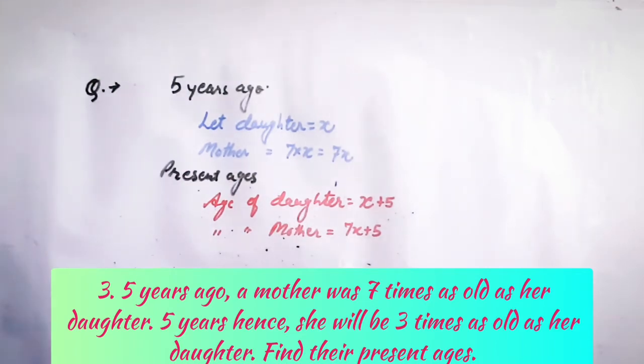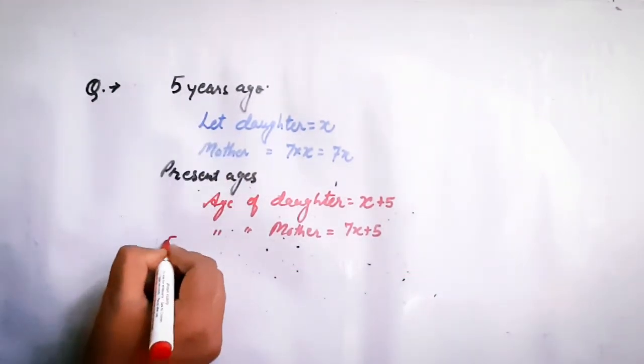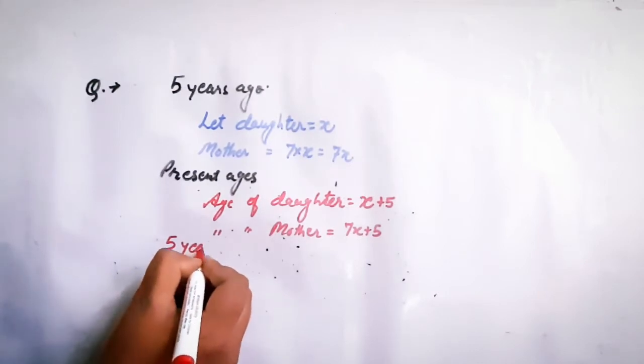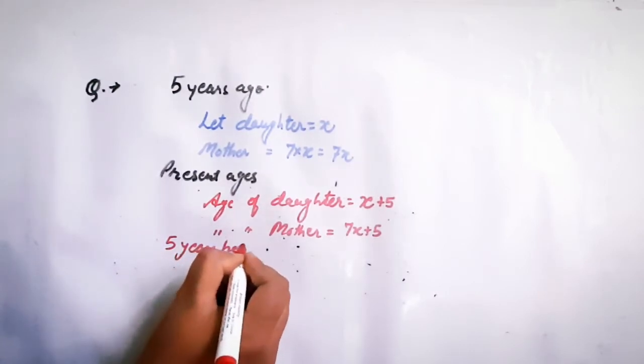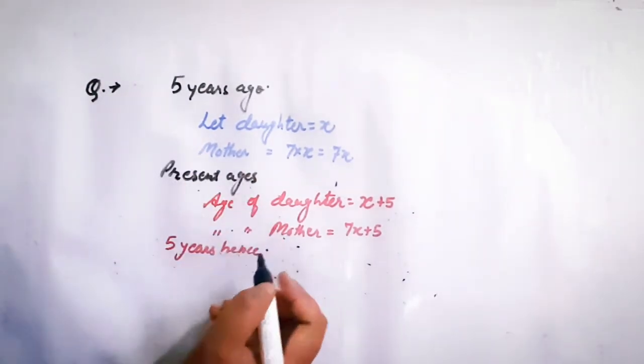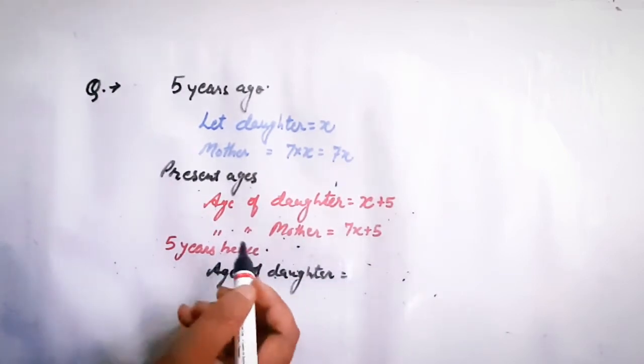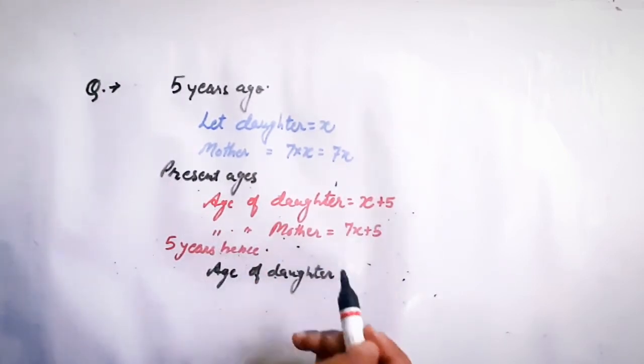But the second relation is given 5 years hence. So what will be their ages 5 years hence? Age of daughter is, now 5 years hence, so 5 more will be added.